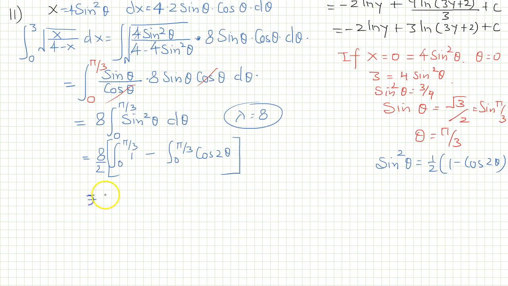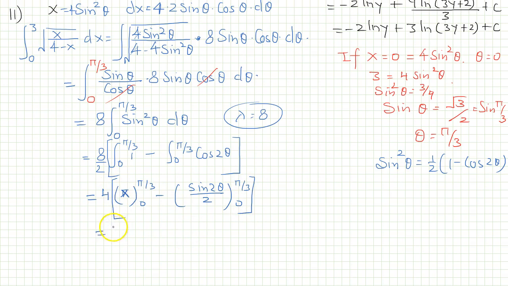So that is equal to 4. The integral of 1 is x dx, so we'll say x from 0 to pi over 3, minus, the integral of cos 2 theta is sine 2 theta over 2, from 0 to pi over 3, and 4 is common.